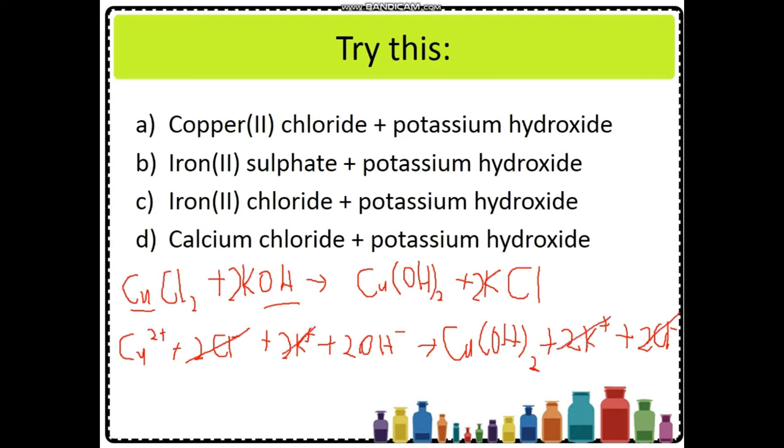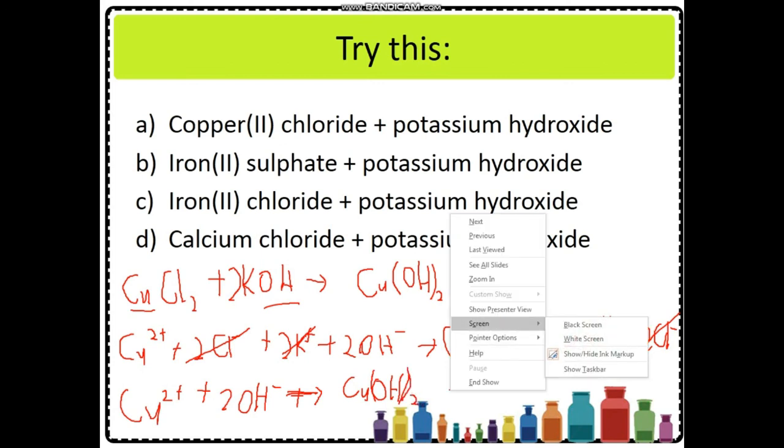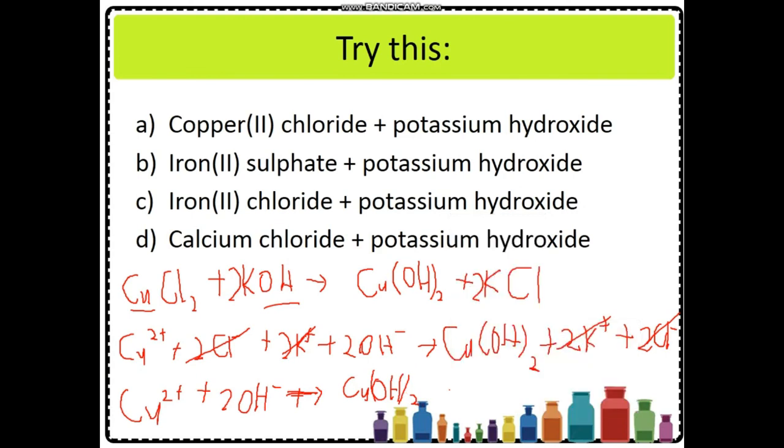So the overall ionic equation is Cu2 plus plus 2OH negative produce Cu(OH)2. Wait, let me write it right, here we have the bracket 2. This is the overall ionic equation.